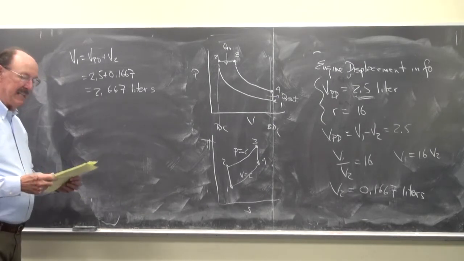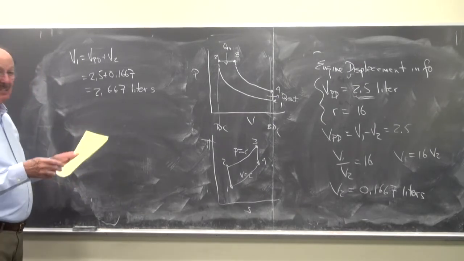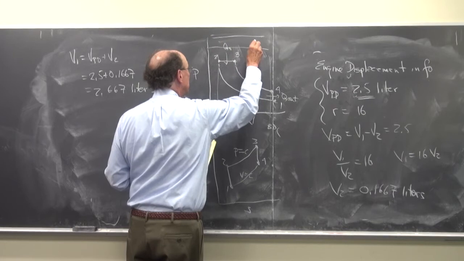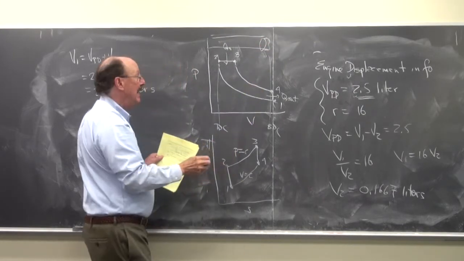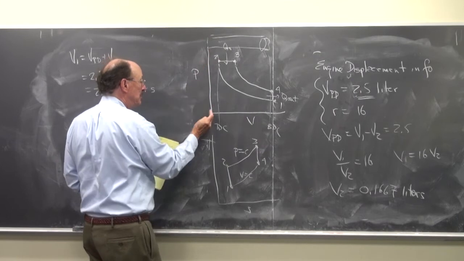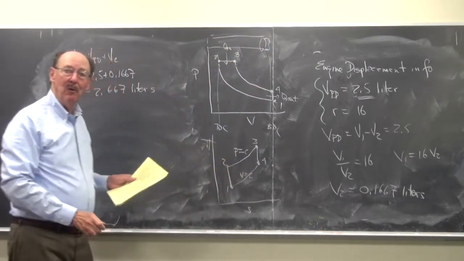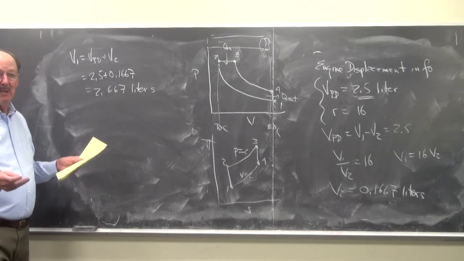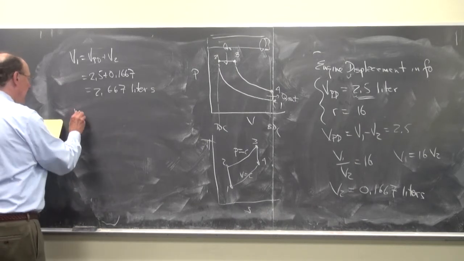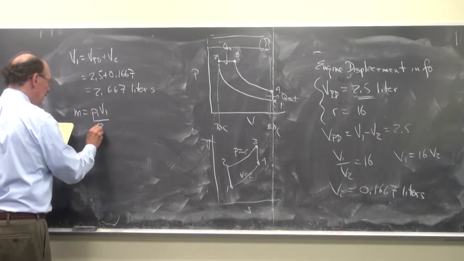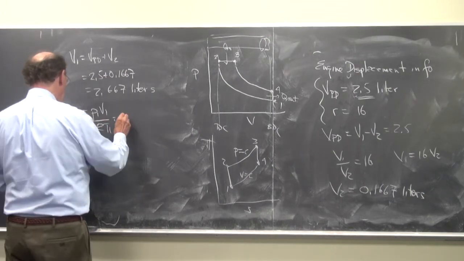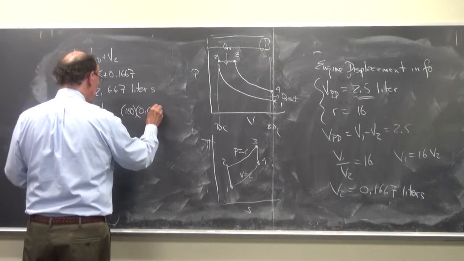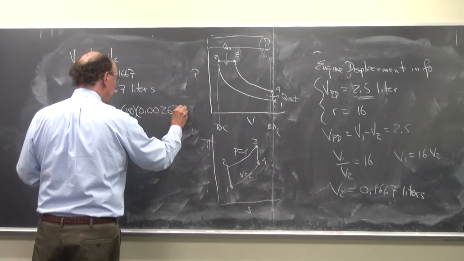And now I can find the mass of air, because the mass of air is the mass that occupies the piston here. At state 1, the mass of air goes from 0 all the way to V1. So a common mistake is that people use the piston displacement to find the mass, and that's incorrect. You need V1. And so M is equal to P1 V1 over RT1. So this is 100. Now I need the volume in cubic meters, 0.00267 cubic meters.